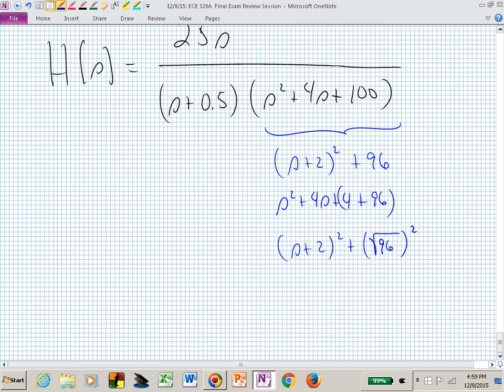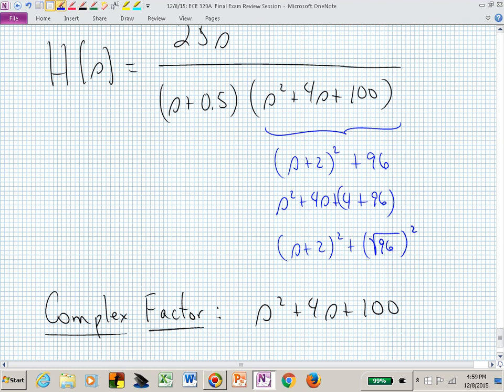So now that we see that that's a complex factor, we want to approximate that as two reals. So we're starting with an S squared plus 4S plus 100.